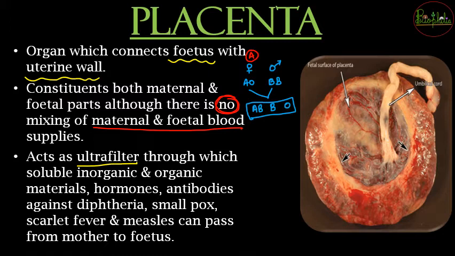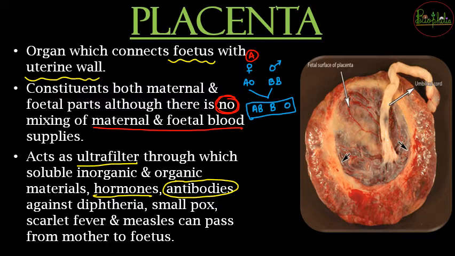So by diffusion, the insoluble inorganic or organic materials, you can say about the hormones, there can be antibodies. So antibodies which are going to be acting against, say for example, diphtheria, smallpox, scarlet fever, measles. So all these diseases which can actually occur to the fetus, the antibodies for all these diseases have already been produced by the mother.